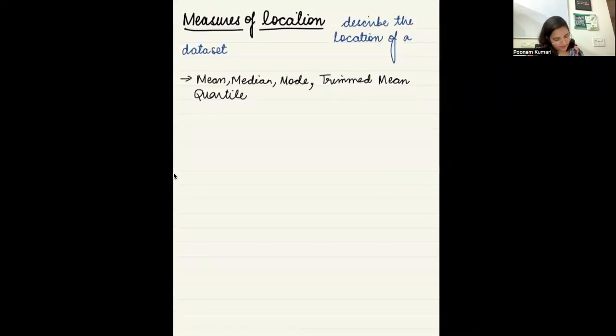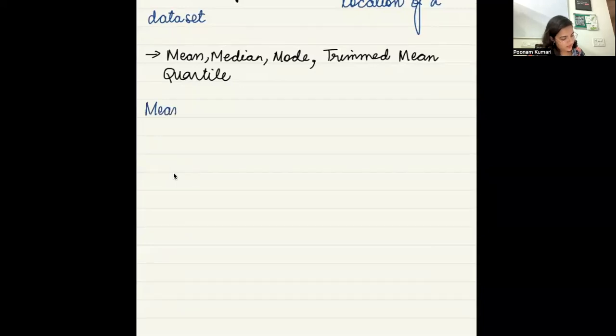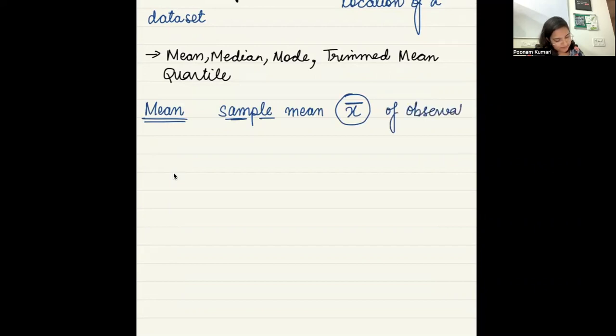So first of all, mean. What is mean? If you have to calculate the sample mean, so let's say somebody gives you a sample of data and you have to calculate the mean. The sample mean is represented by x bar. Whenever you see this term, this means you're calculating the sample mean. The sample mean of observations x1, x2 up to xn.